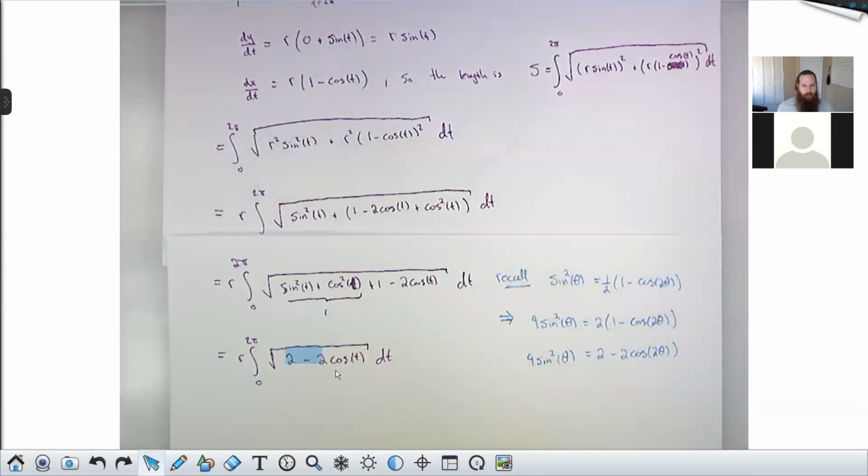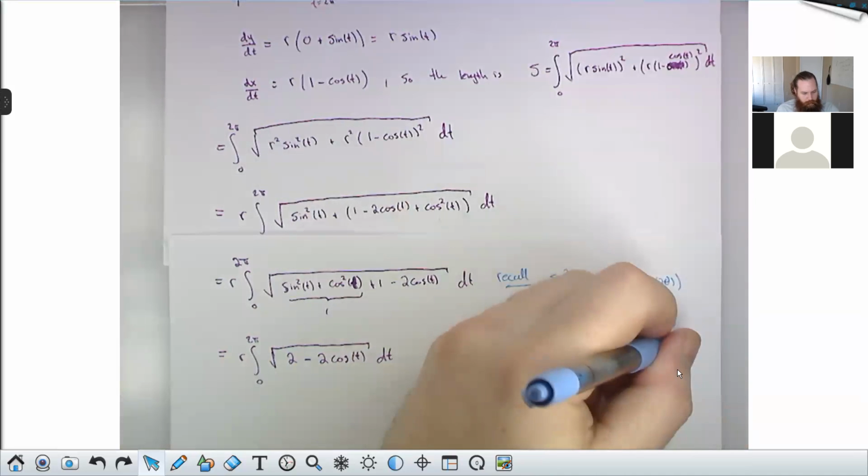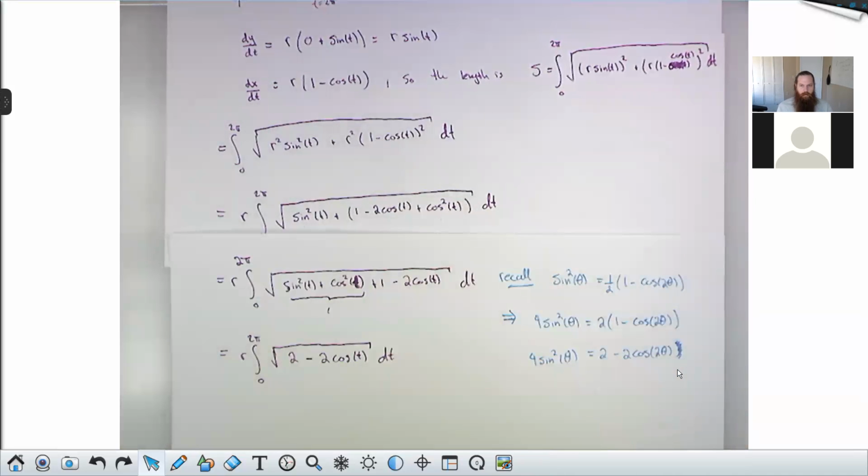So this kind of reminds me of this identity. Now I'm going to massage this identity until I turn it into this. The last thing I need to do here, I've got 2 minus 2 cos 2 theta. I don't need this extra paren at the end, sorry. Is plug in theta equals t over 2.